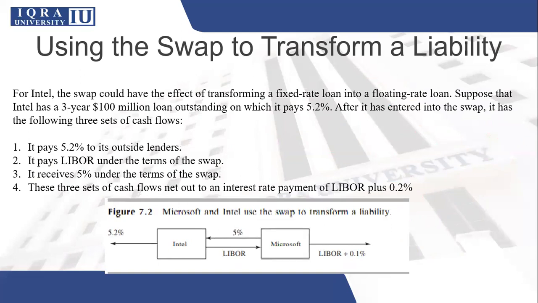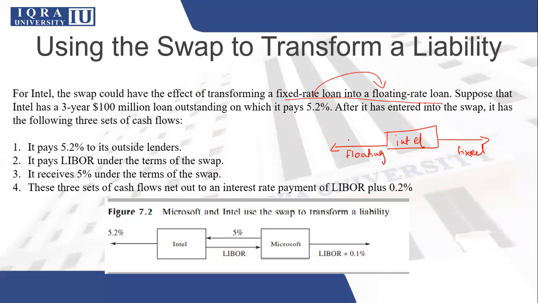Now, similarly, we're going to look at Intel. So for Intel, the swap could have the effect of transforming a fixed rate loan into a floating rate loan. So what does Intel want? Intel simply wants to convert its fixed rate into a floating rate, which means currently Intel is paying a fixed rate to somebody else and it wants to convert it to floating.